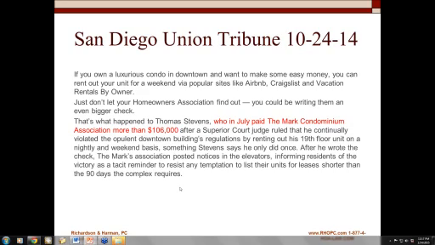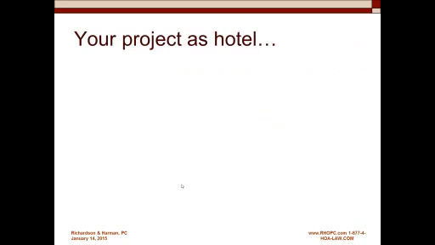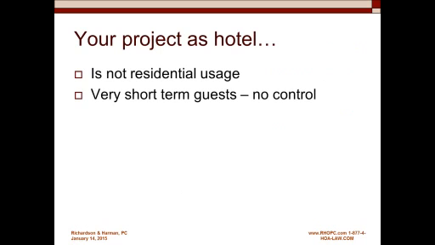The issue of dealing with Craigslist and Airbnb and so on can be a real problem for the association in many ways. You can think of how many different problems there are. If your project is being used as a hotel, it's not residential usage.